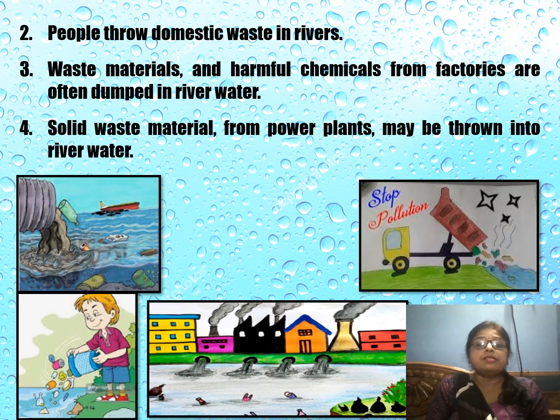Waste materials and harmful chemicals from factories are often dumped in river water, which is given in the picture. All the waste material of the factories is dumped into the water, and it is making the water impure. Solid waste material from power plants may be thrown into the river water.